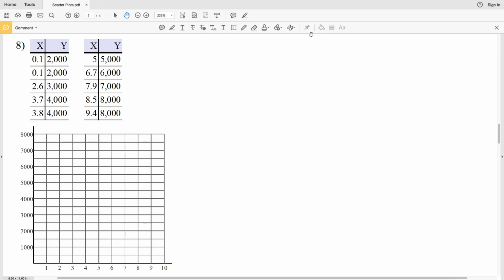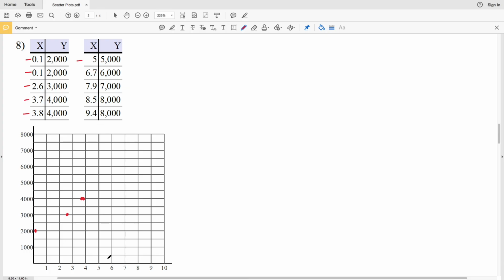So in number 8, we're at 0.1 and then 2,000. Then we're at 0.1 and 2,000 again, so 2 points in the same spot. Next, we're at 2.6 and 3,000, and then 3.7 and 4,000. After that comes 3.8 and 4,000, so slightly to the right of that 3.7 x value.